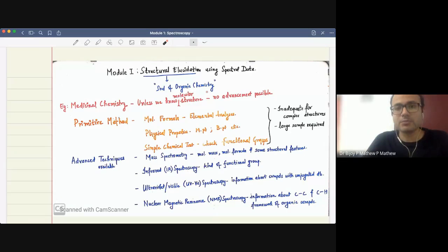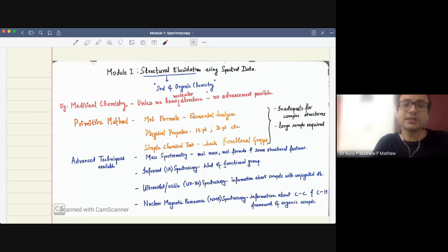But without knowing what is that compound that is actually curing that ailment, we will never be able to advance into better molecules for treating a particular sickness.